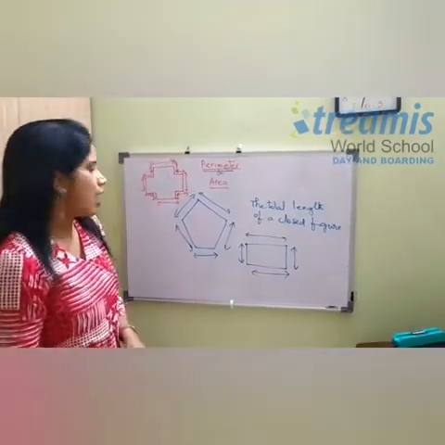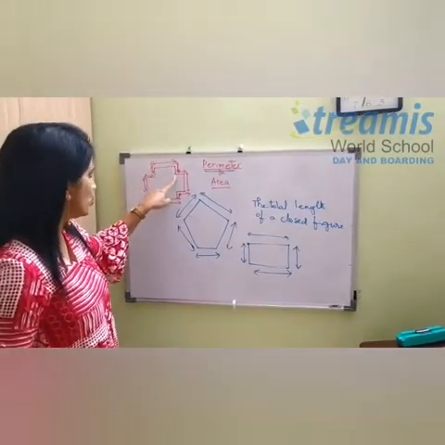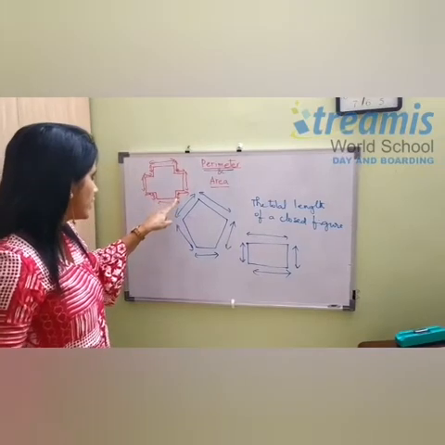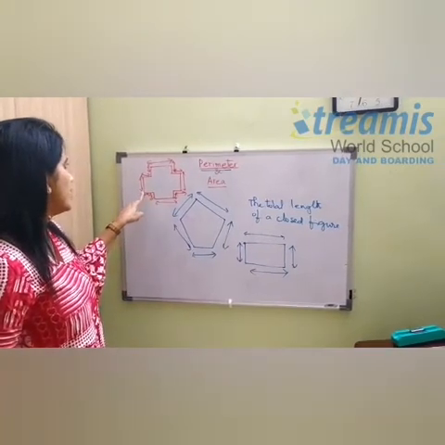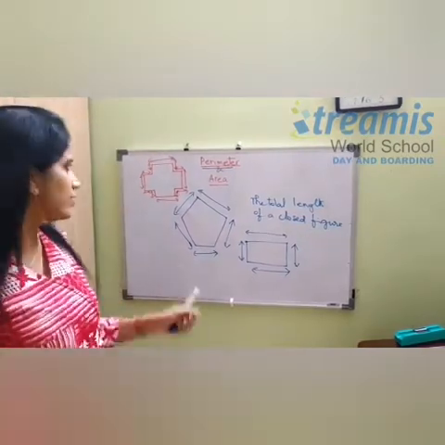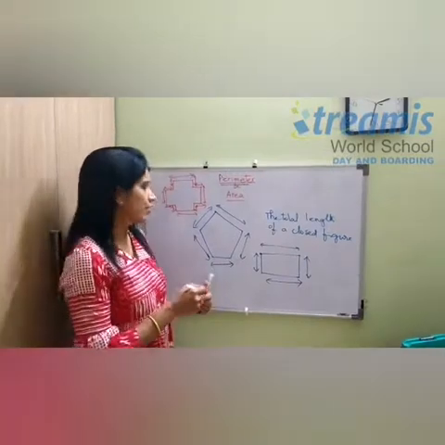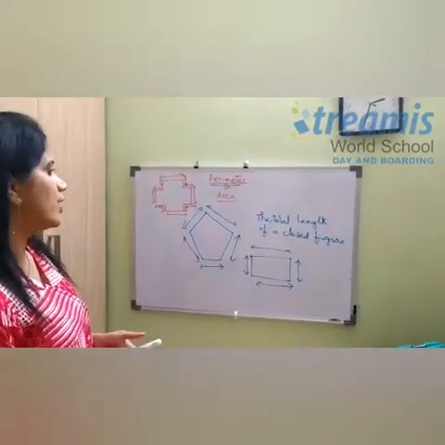So in total, how many sides do I add here? Starting from here, this is 1, 2, 3, 4, 5, 6, 7, 8, 9, 10, 11, 12. So in total 12 lengths I will consider and then add them up to find the perimeter of this particular figure. This is about the perimeter in general.